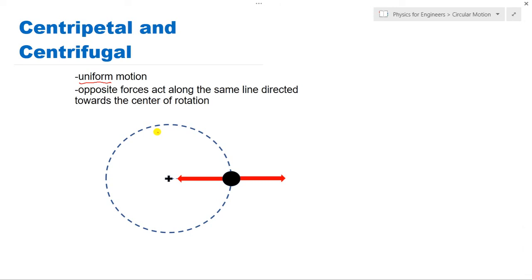And then it states here that these are opposite forces that act along the same line directed towards the center of rotation. So if you have a body here in black, or you have an object, the force that pulls him towards the axis natin is your centripetal force.